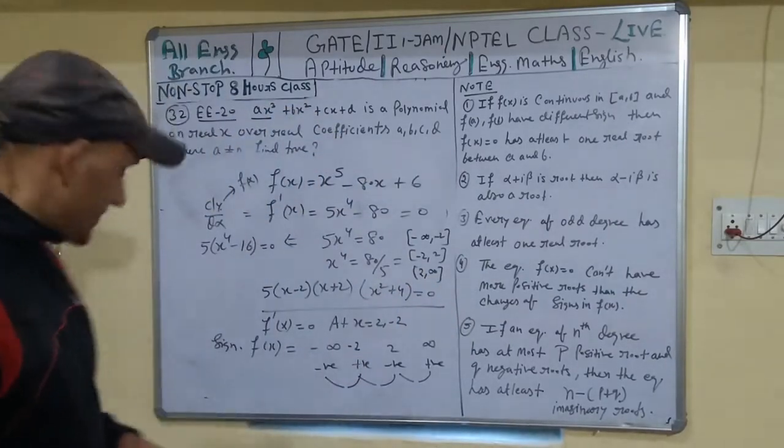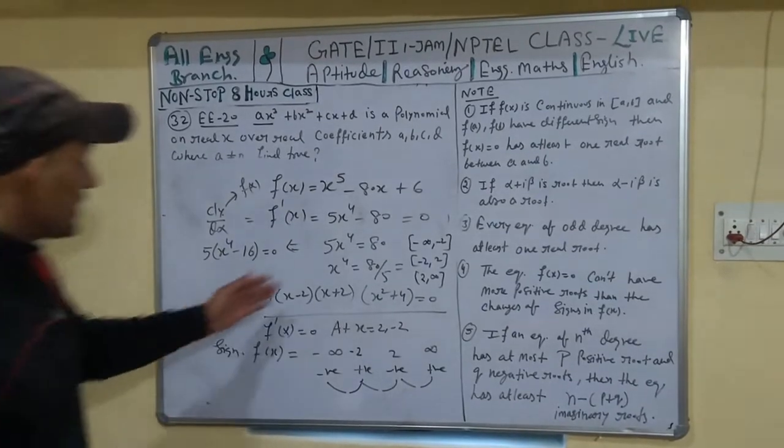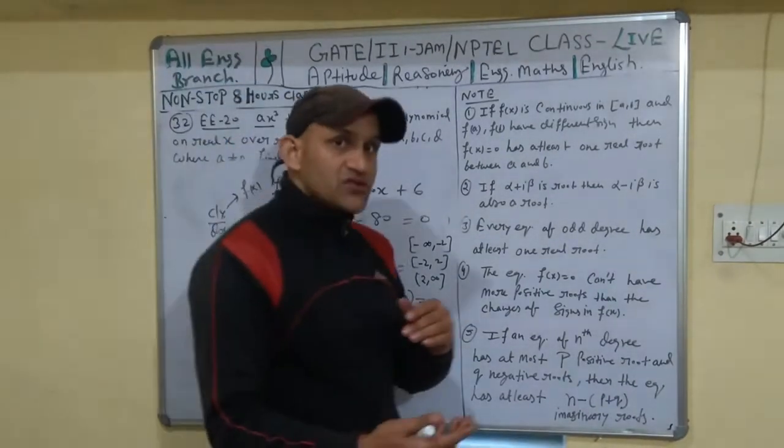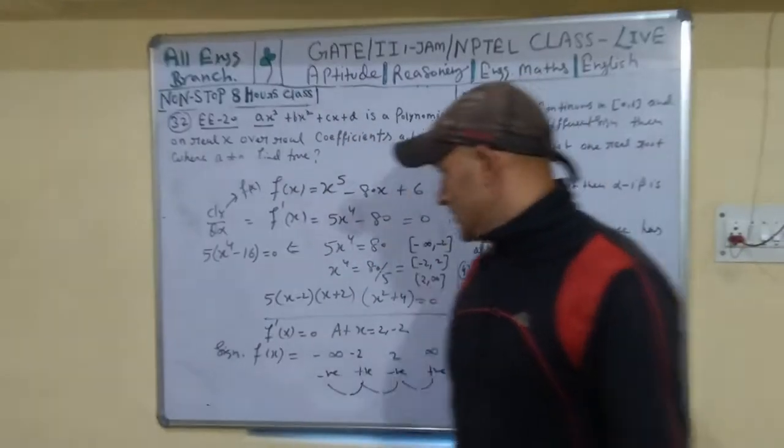I think you understand. So there are 5 roots; the remaining roots are complex, and complex roots come in pairs.